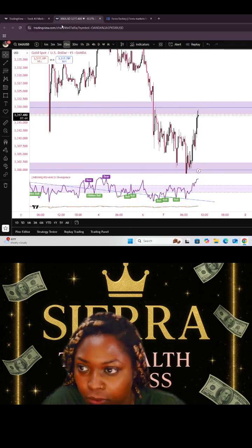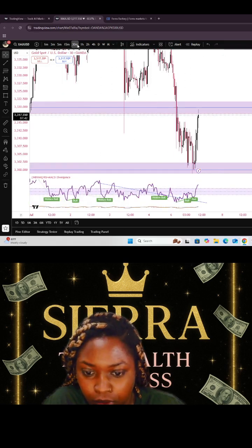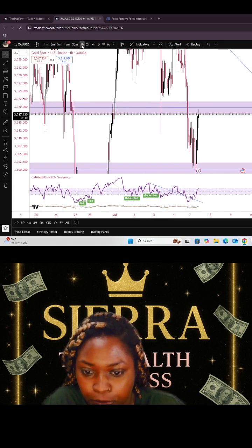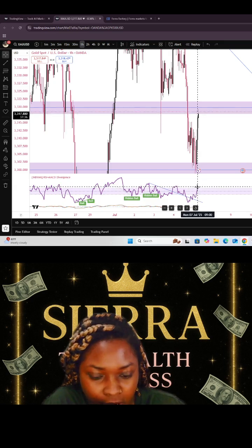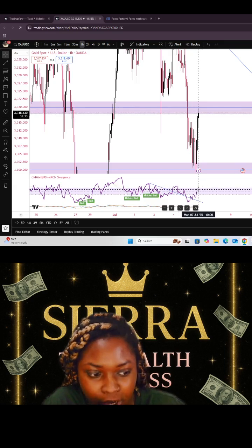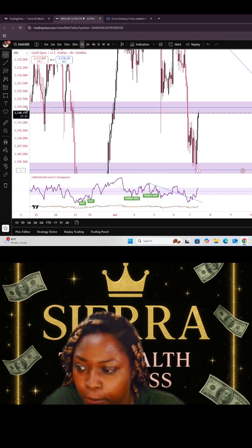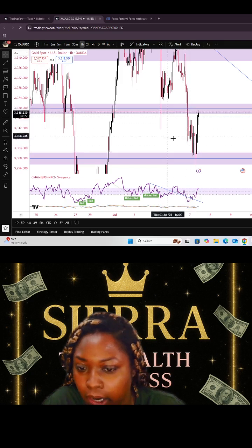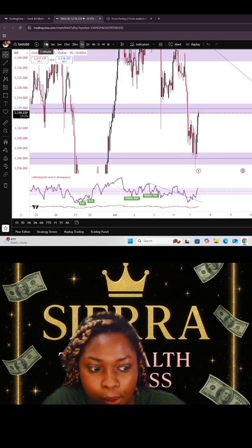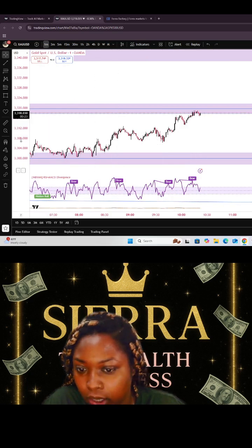We're overbought on the 15. We're overbought on the 30. And price is almost moving up to the white area, but it's at the top of the purple area, which is still overbought. But I want to see price come to this line here. I want to see it touch that blue line before I do anything.